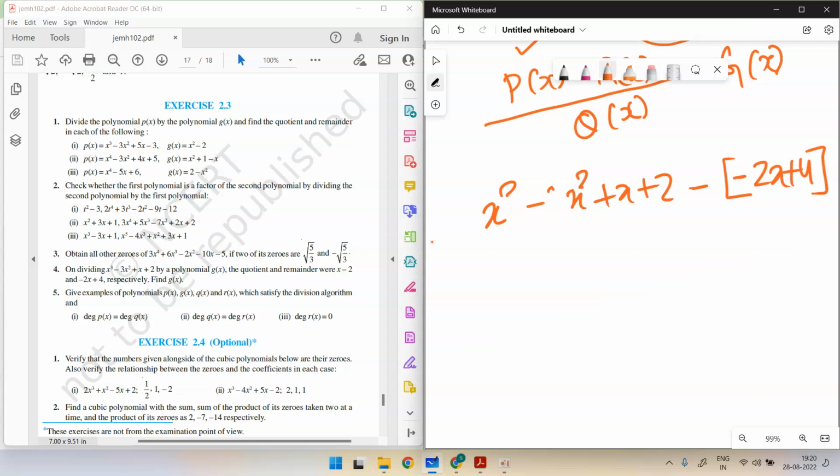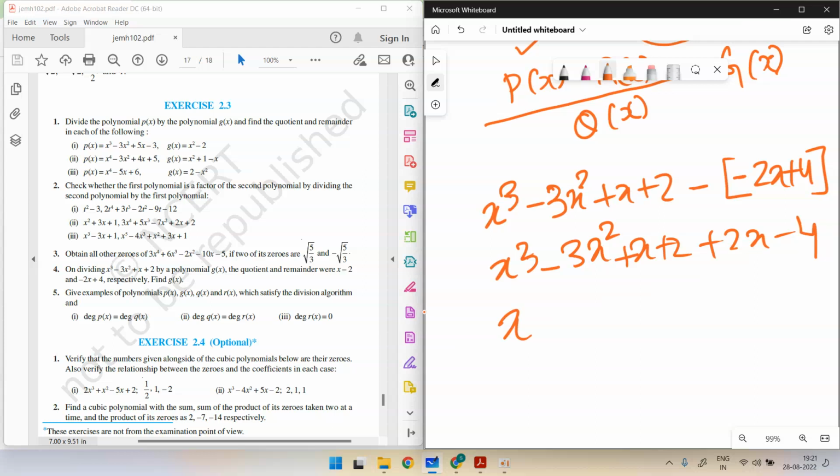So if you open this, it is x cube minus 3x square plus x plus 2 plus 2x minus 4. So this is nothing but x cube minus 3x square, x and 2x will give 3x, 2 minus 4 is minus 2.